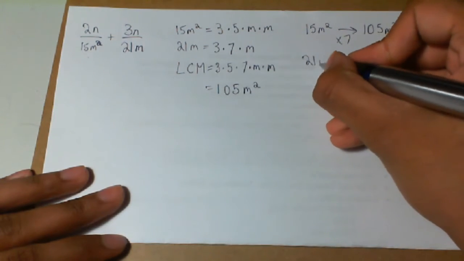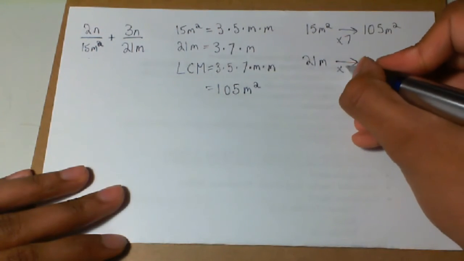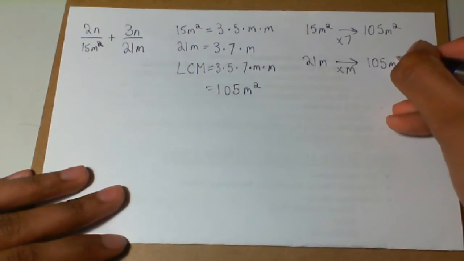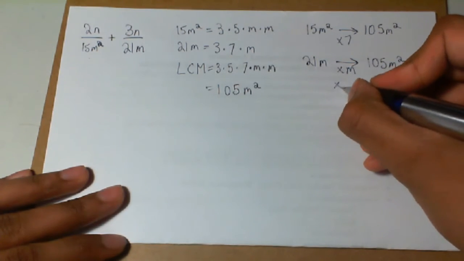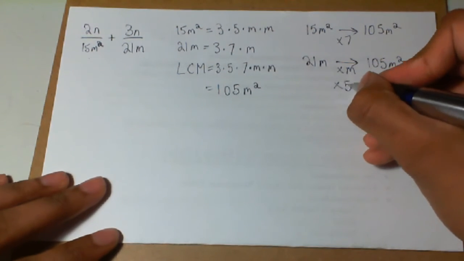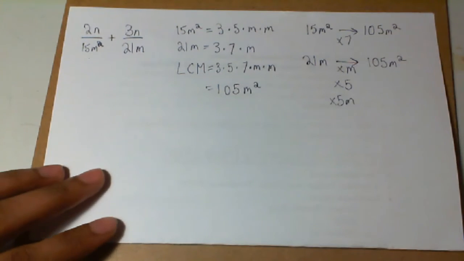What about 21m though? You're going to have to multiply that by m to get 105m squared, but also you're going to have to multiply that by 5. So you have to multiply a total by 5m to get 105m squared.